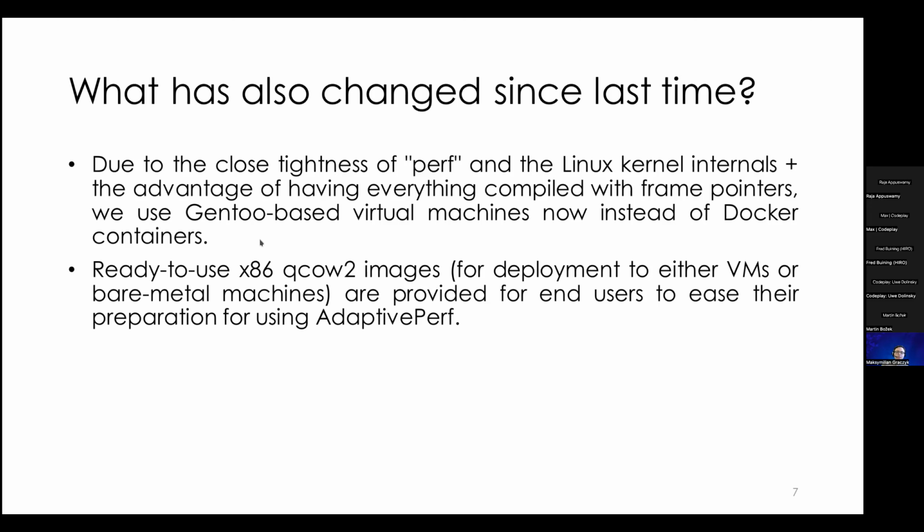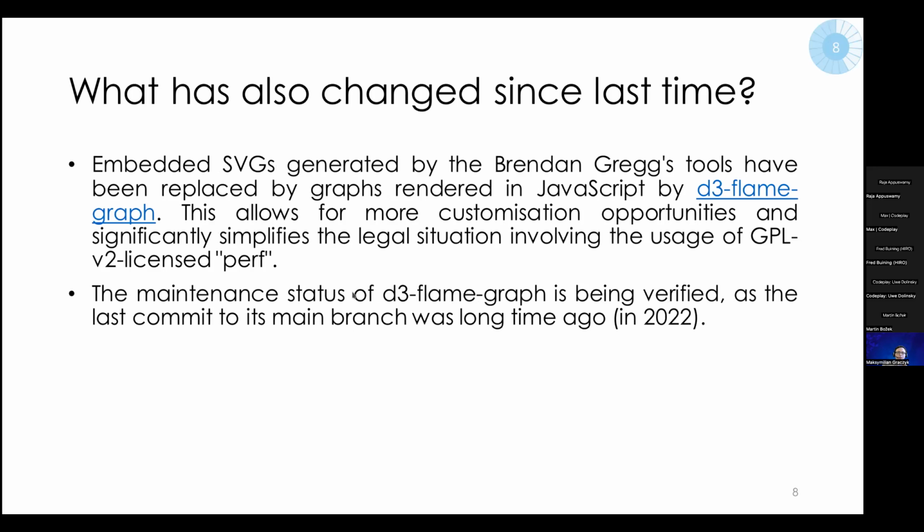We also provide ready-to-use x86 QCOW2 images, which you can use for deployment to either virtual machines or bare metal machines, in order for you to prepare your hardware for using AdaptivePerf as easily as possible. We may also provide virtual machine images for other architectures in the future.